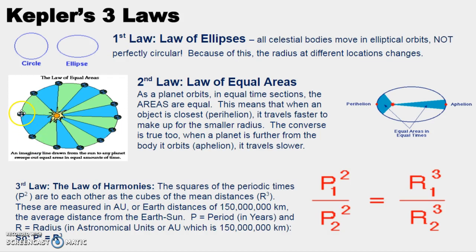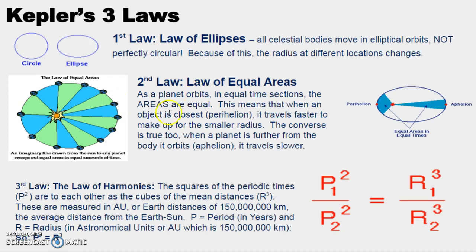It's saying that as it travels from this location here to this location here, this area in here is going to be the same as this area here, this area here, and this area here. It's called the law of equal areas: as a planet orbits in equal time sections, the areas are equal. The time to go from here to here is the same, the time to go from here to here is the same, and the time to go from here to here is the same.